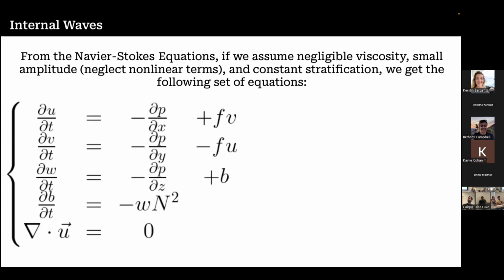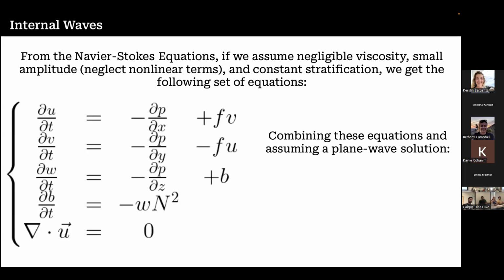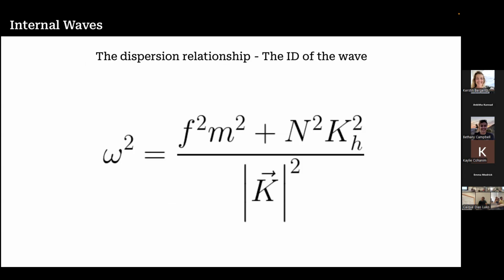There's a way to combine these equations, and after that, if we assume a plane wave solution, basically, if we assume that perturbations, W for example, are expressed by an amplitude times an oscillatory solution that depends on x, y, z, and time, we can find the dispersion relationship.